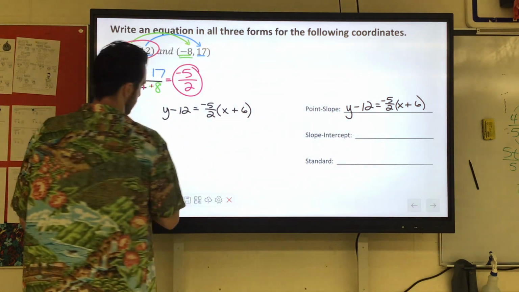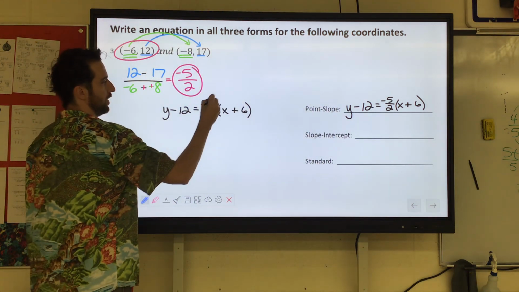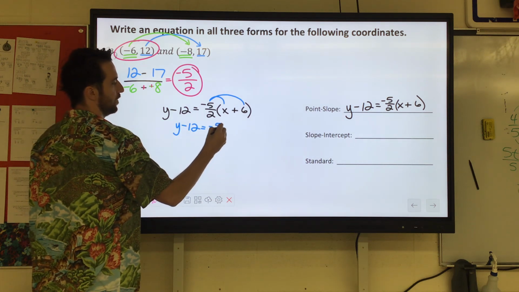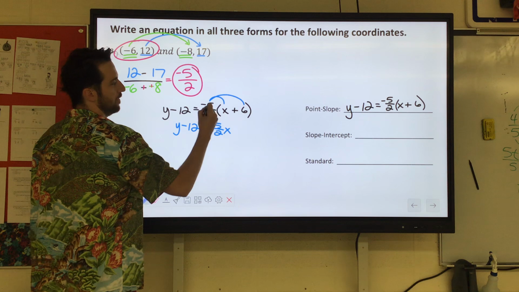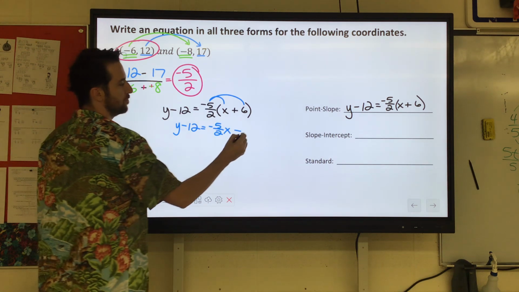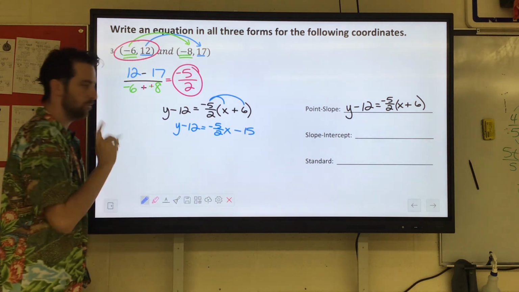Just like always, at this point, we're going to have to distribute that negative 5 halves. y minus 12 equals negative 5 halves x. Negative times positive is negative. 6 times 5 is 30, divided by 2 is 15. Cool. One more step.